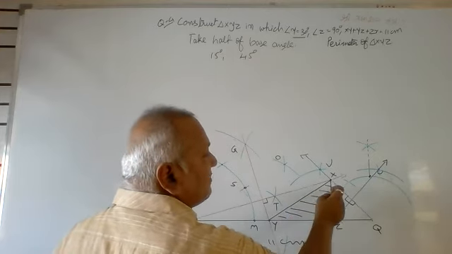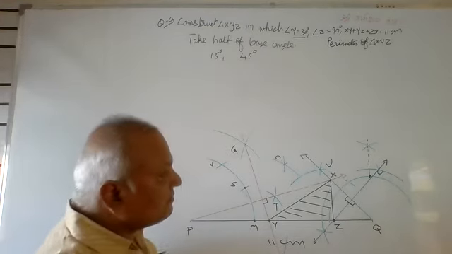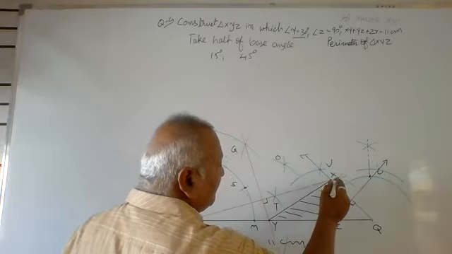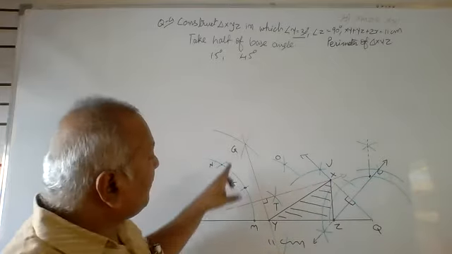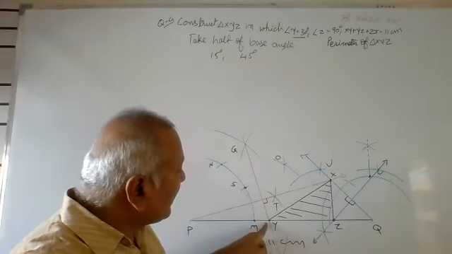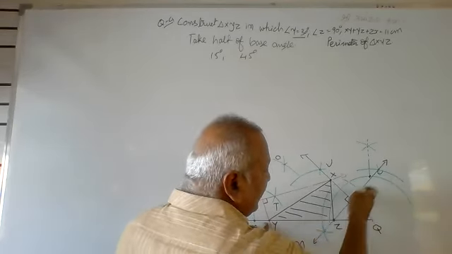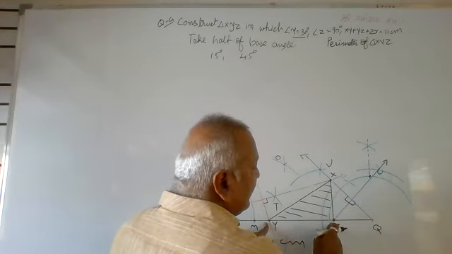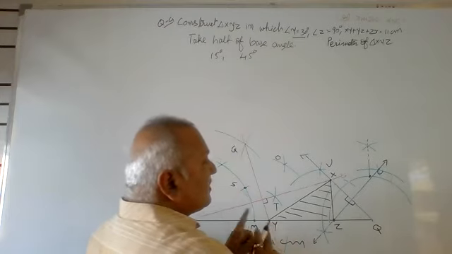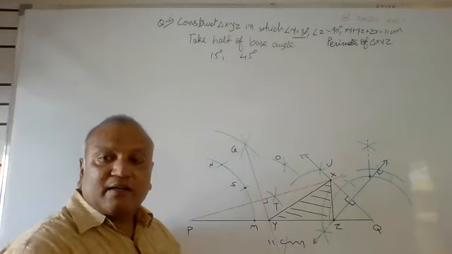Where both the arms meet is X. Then draw the perpendicular bisector of XP, which meets at Y. Then the perpendicular bisector of XQ meets at Z. Then join XY and XZ. So XYZ is our required triangle.